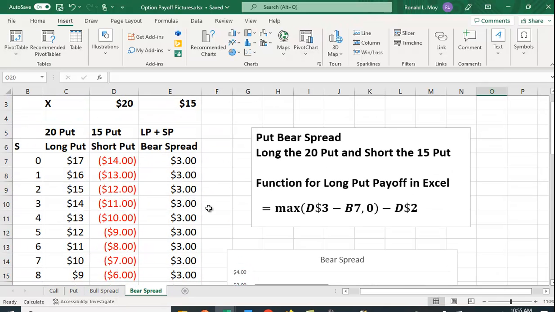By graphing it, it gives you an idea of understanding the payoffs here. So again, a bear spread, when we're using put options, you're going to be long a put, then you write a put that has a lower exercise price, and you combine them together and basically just add the payoffs together, and this is what you're going to get.